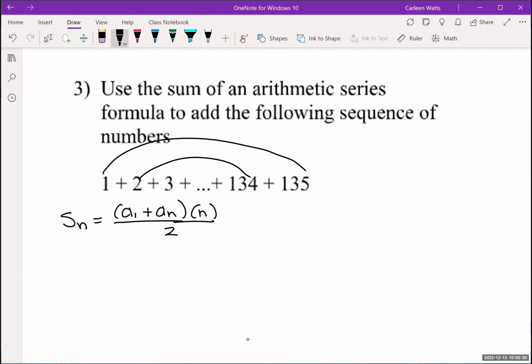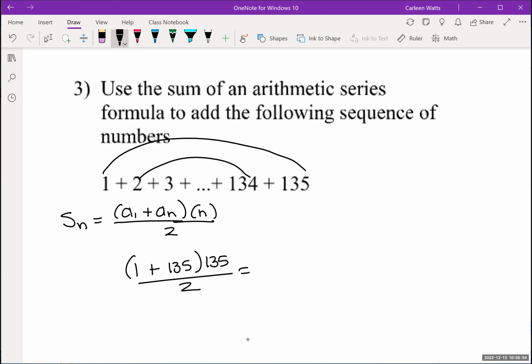So I'm going to use the shortcut method. First term, last term, number of terms. How many terms do I have? 135 divided by 2. Notice I have an odd number of terms, so I would actually have a number in the middle.